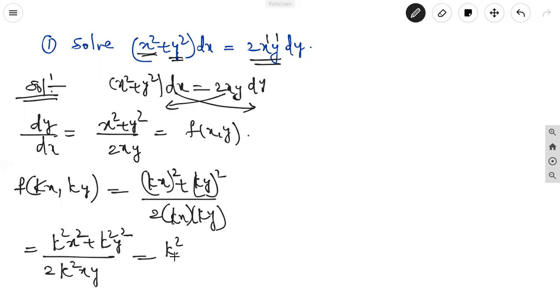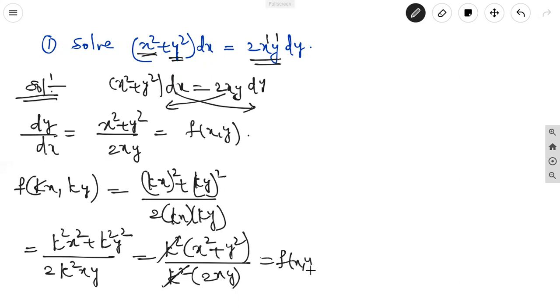In the numerator, taking k square common, the remaining terms are x square plus y square, and in the denominator also k square, the remaining term is 2xy. The k square cancels. This is exactly f of x comma y, with k power 0 form. Therefore, equation 1, the given differential equation, is exactly a homogeneous differential equation.